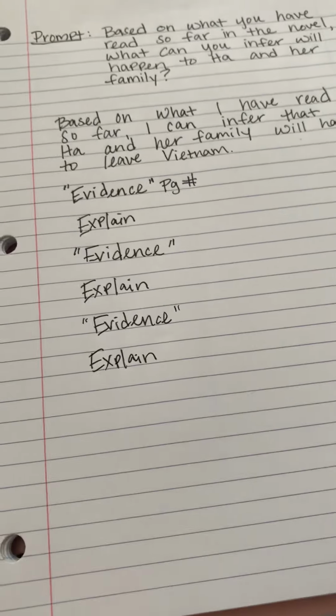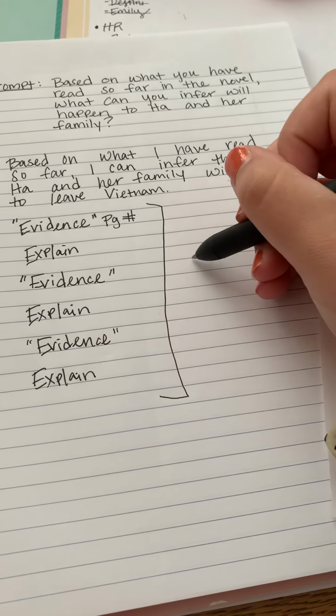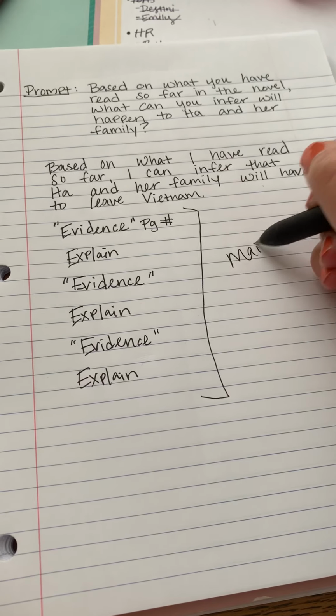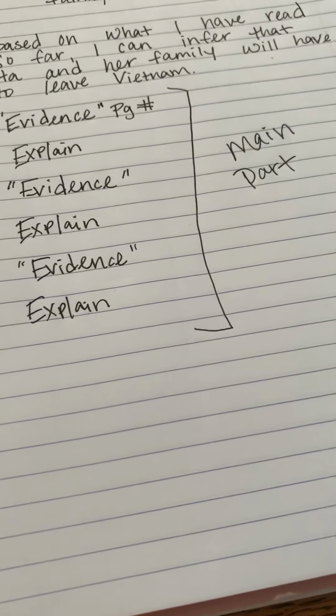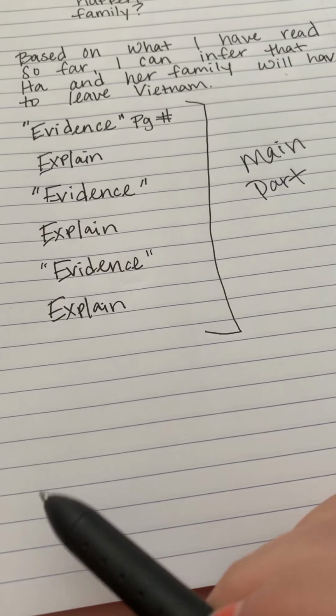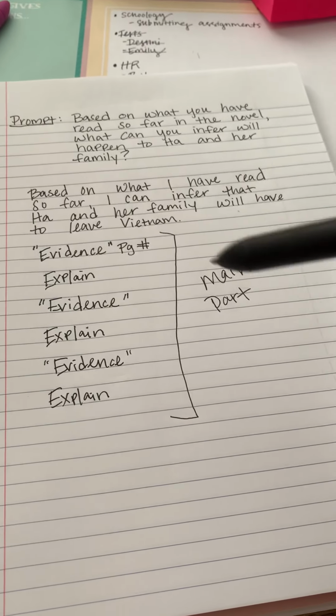And so that's pretty much your main chunk of your QuickWrite. So this is the main part. And so the last thing that you're gonna wanna do is your concluding sentence. And so what I mean by concluding sentence is pretty much just summarizing all of this into one sentence.